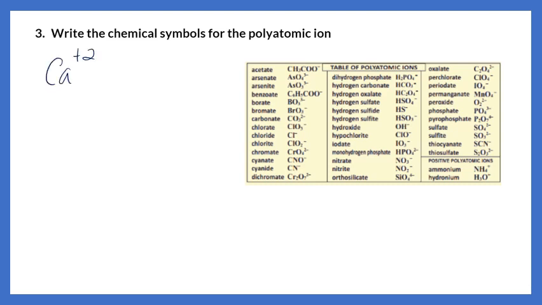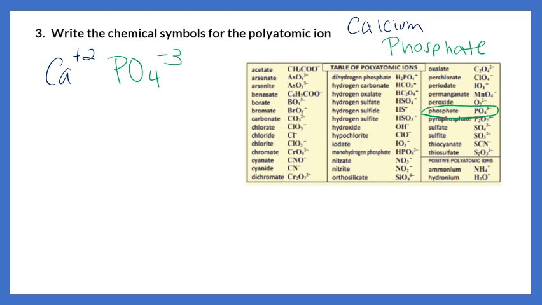Step 3 says to write the chemical symbol for the polyatomic ion. So it's calcium phosphate. I'll write that up here again. So you want to look through the polyatomic ions and find phosphate. Phosphate is here. So the symbol is PO4 with a -3 charge.